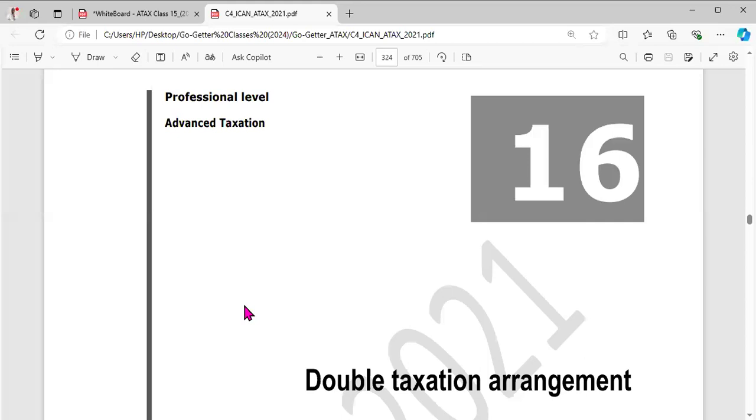Today, we will be taking the topic double taxation arrangements.